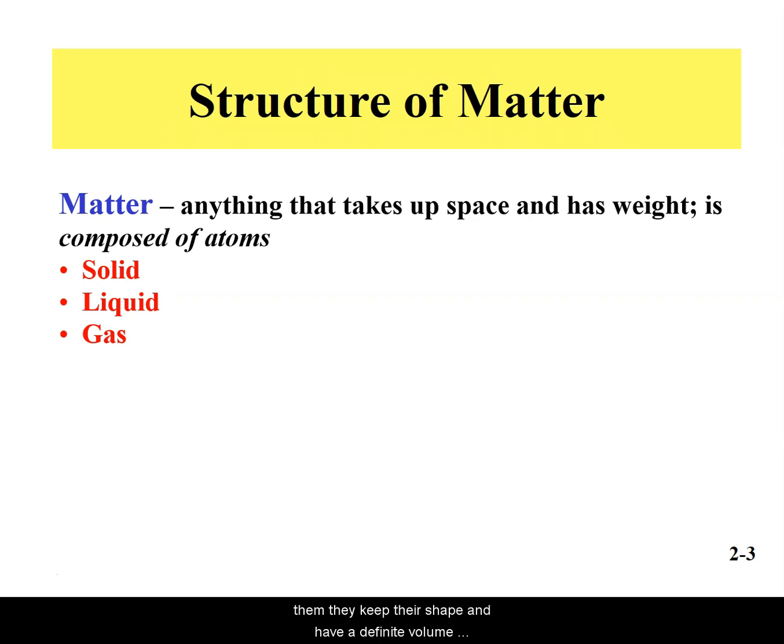They keep their shape and have a definite volume. Liquid has a definite volume. We can measure it, but it has indefinite shape. It takes up the shape of the container. A gas has indefinite volume and indefinite shape. In other words, different volumes and different shapes depending on the container it is found in.